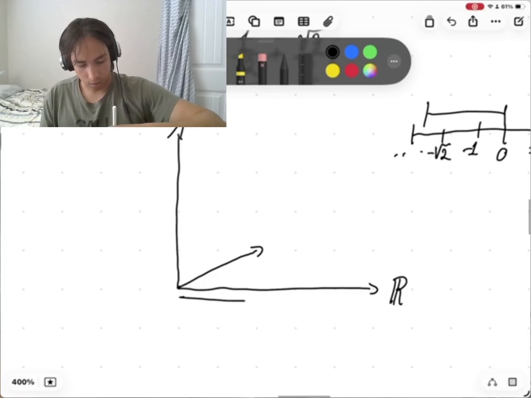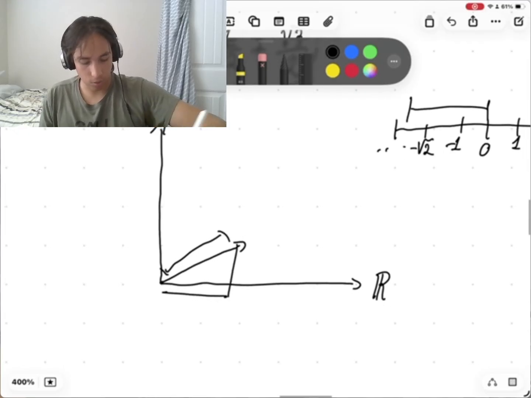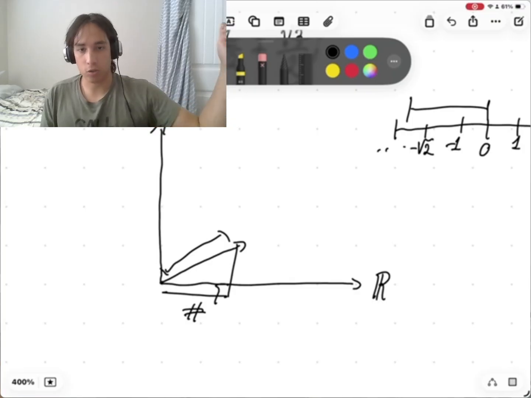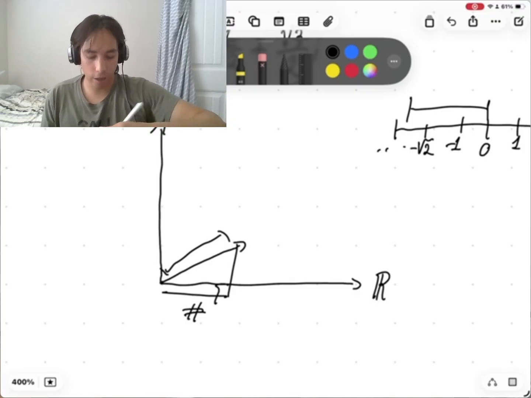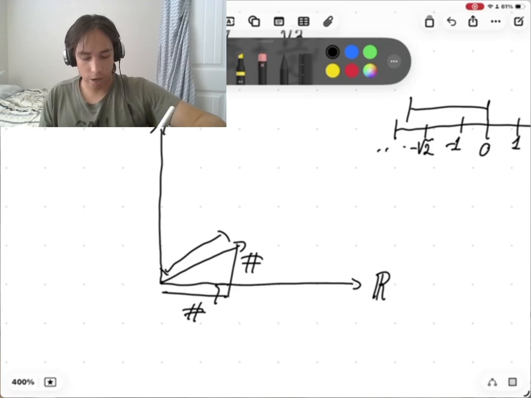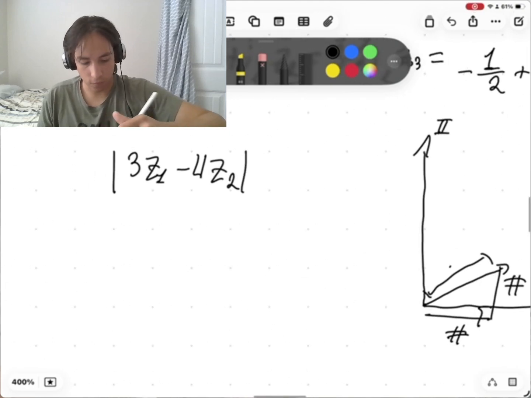So we're trying to get this distance, and to do that, we apply the Pythagorean theorem and get how much it goes in the real axis and how much it goes on the imaginary axis to get the hypotenuse, or the magnitude of the vector.